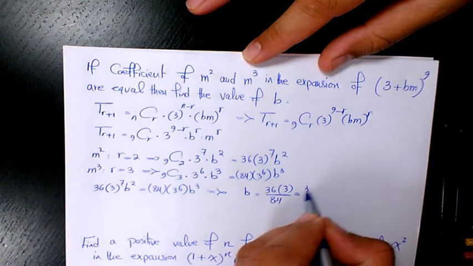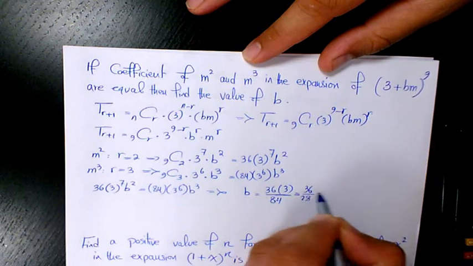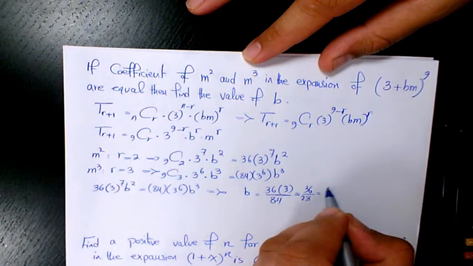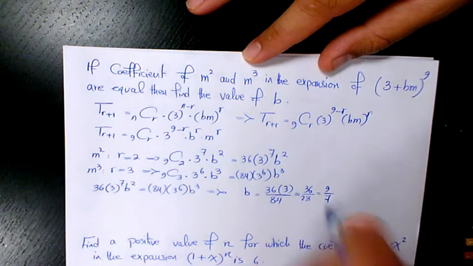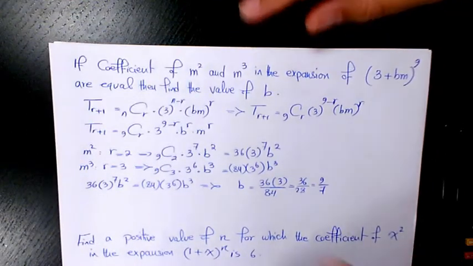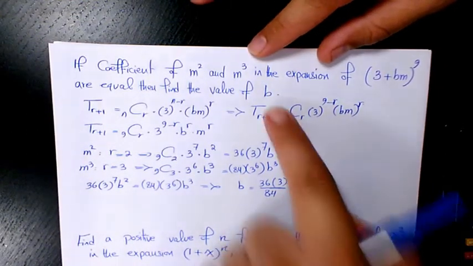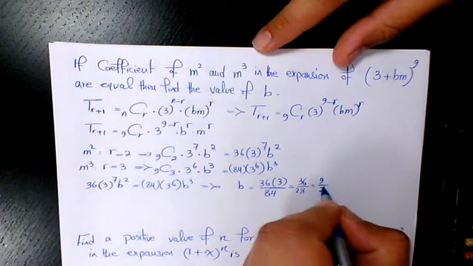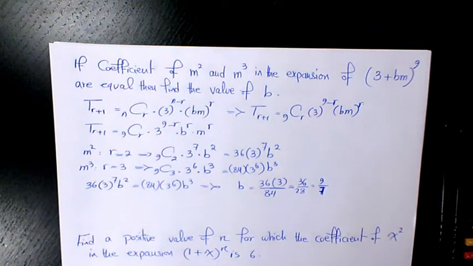So 36 divided by 28, we can divide by 4 more, so 9 divided by 7. So the value of b is going to be 9 over 7. That's the final answer for this example.